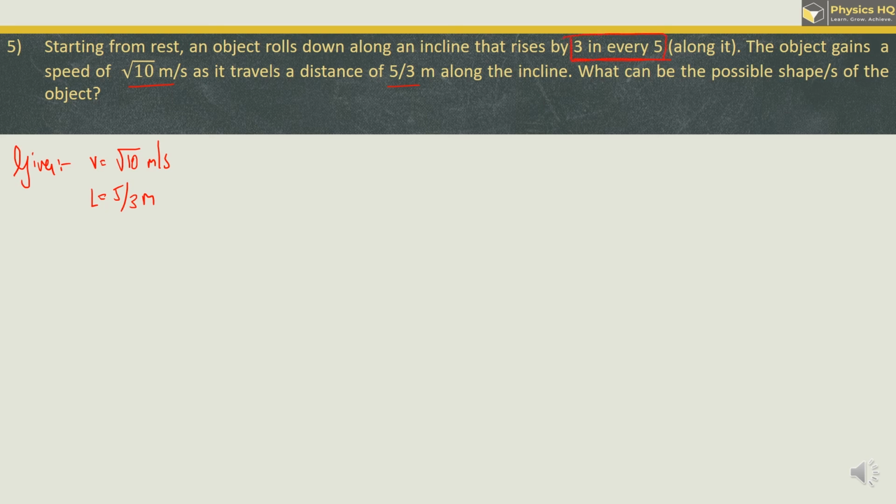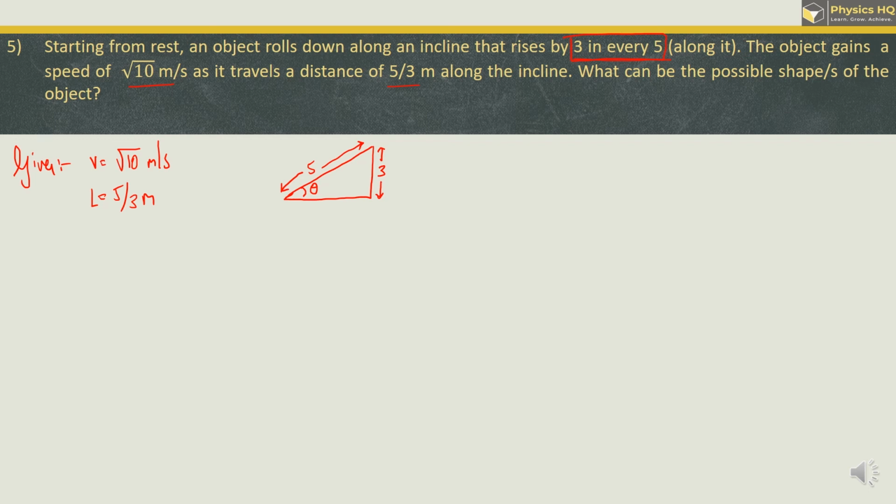So it is saying that when an object is rolling down, the incline is having some angle theta. Now in that case it is telling that while rolling down an incline which rises by 3 in every 5, that means that the height of the incline increases by 3 when a distance of 5 is traveled on the incline. Okay, I'll repeat this.